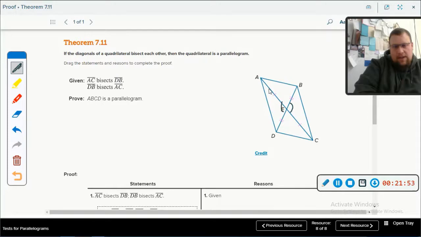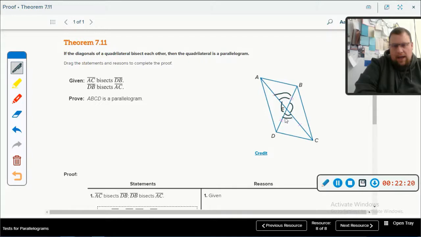I can say that triangle AED and triangle CED are congruent because of side, angle, side. That's an old theorem, side, angle, side. It just says any two triangles that have two sides and the in-between angle congruent to each other are fully congruent. And I did the same thing for triangles AEB and CED.